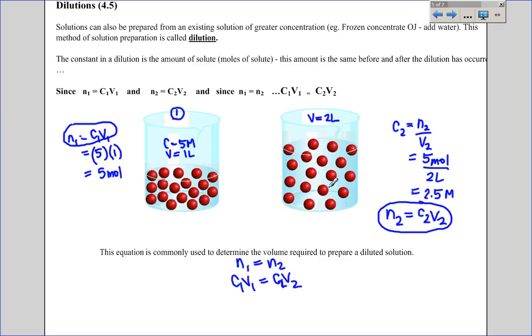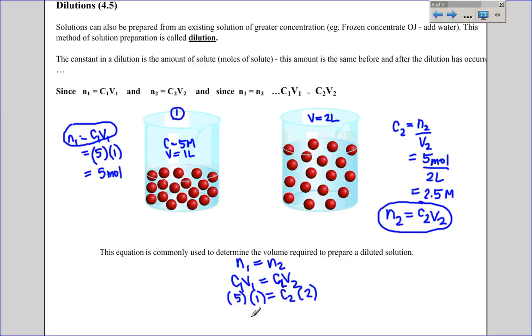So let's look at the same scenario using this formula instead of doing 2 steps. We knew that our concentration of solution 1 was 5 mole per liter, and that our volume of solution 1 was 1 liter, and we didn't know our final concentration, but we knew that the volume of the final solution was 2.